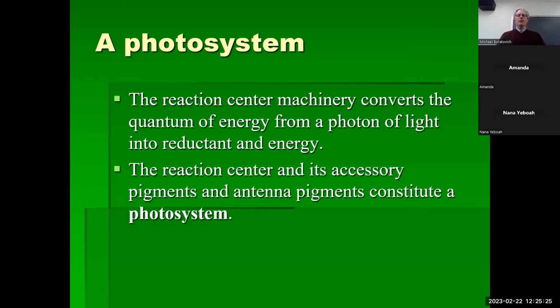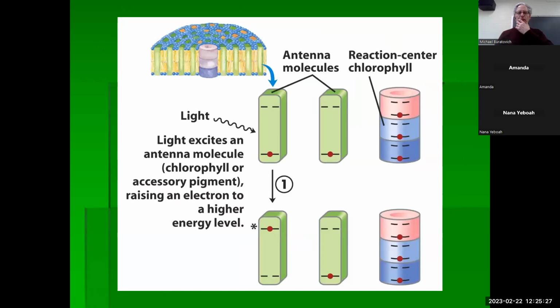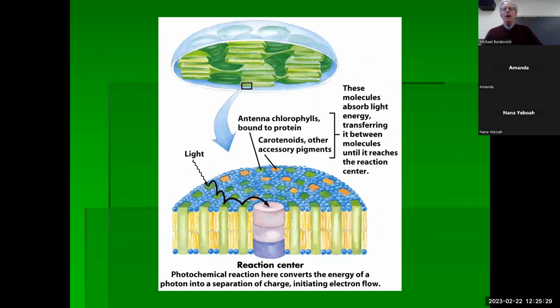That's called exciton transfer. Exciton transfer is possible because these pigments are in the semi-crystalline array. You have this extremely efficient transfer of light energy from one pigment to another. These pigments are almost arranged in a solid state fashion within the membrane.